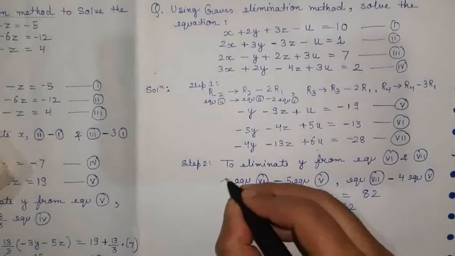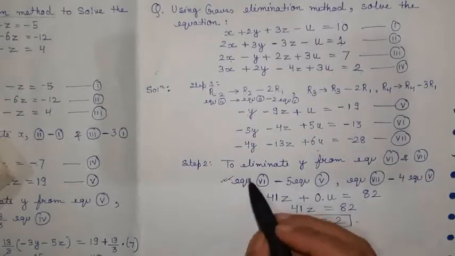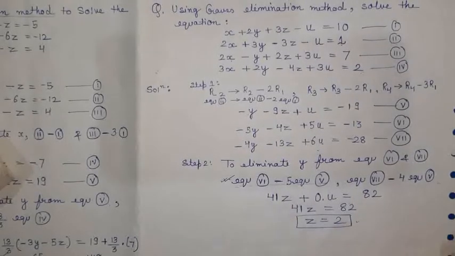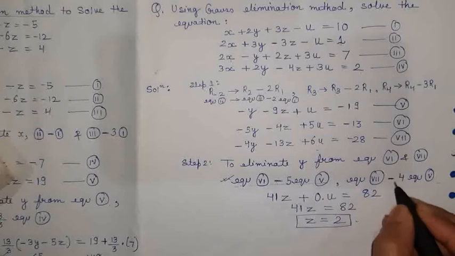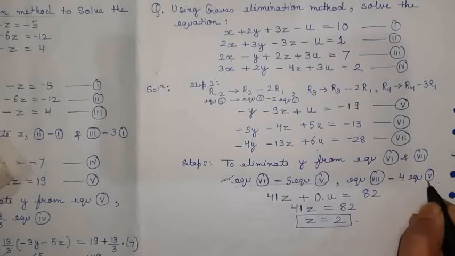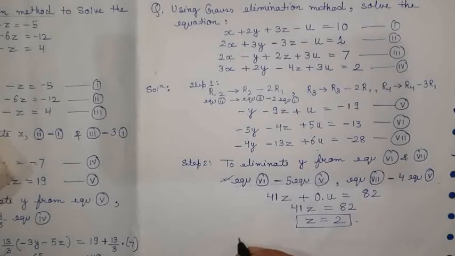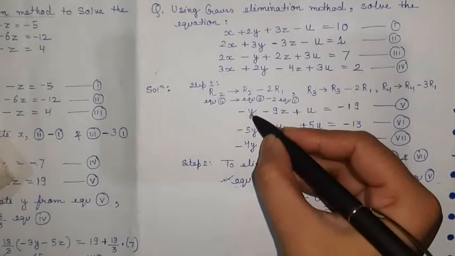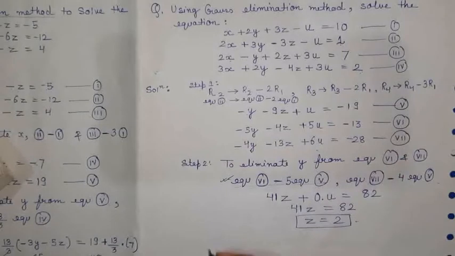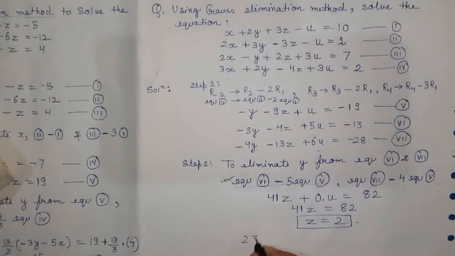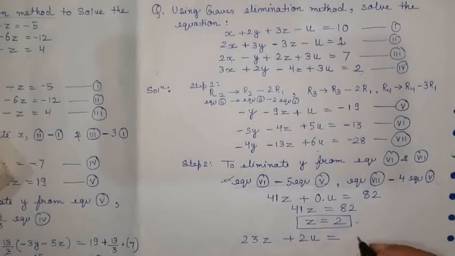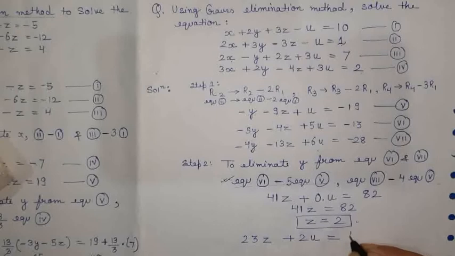Now this rule we have followed, and now we will follow this one. For this, we do equation 7 minus 4 times equation 4, or rather equation 5. Then we get 23z plus 2u equal to 48.